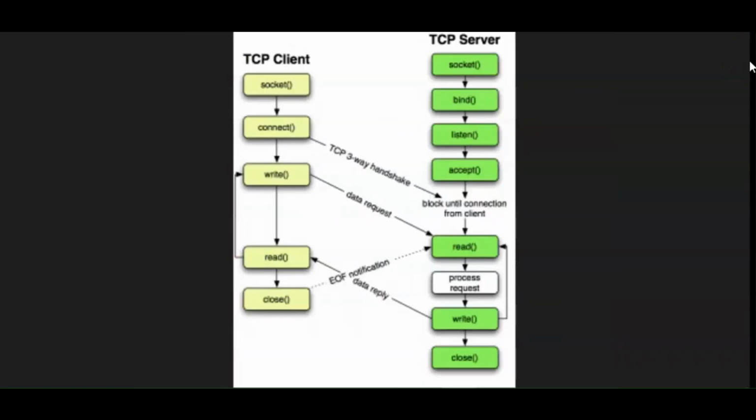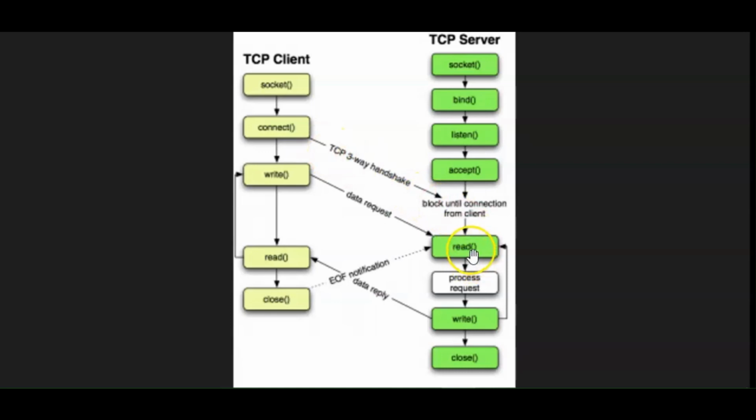This is a very high level client-server communication diagram. As soon as you start a server, it binds itself to a socket and listens, waiting for a client connection. The client starts, creates a socket and tries to connect. A handshake happens here and the server accepts the connection. At this point, a new socket gets created, which is dedicated to this particular client, and all the client and server communication takes place through that socket.